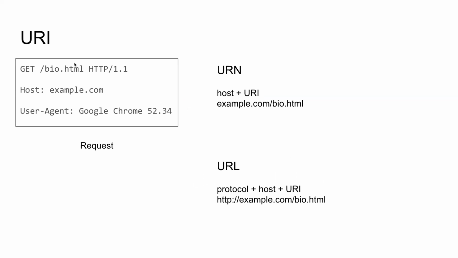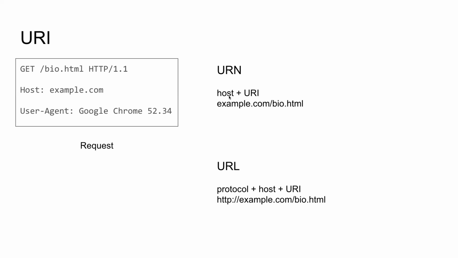Okay, so here you go. This is going to break down the difference between a URI, a URN, and a URL. So here we see the URI. A URN would have something like example.com, meaning that this is an actual site, and then it would have /bio.html. So it's saying this has an actual host.